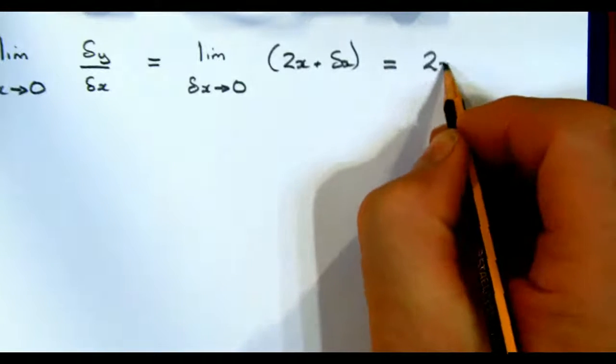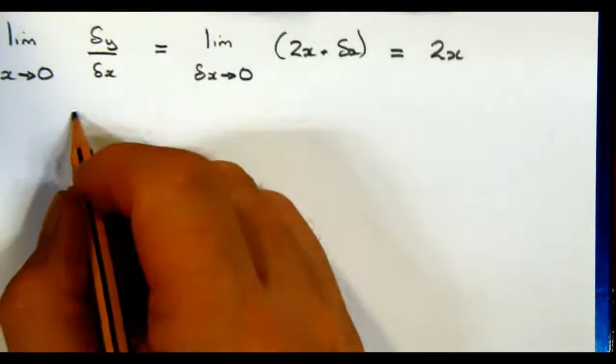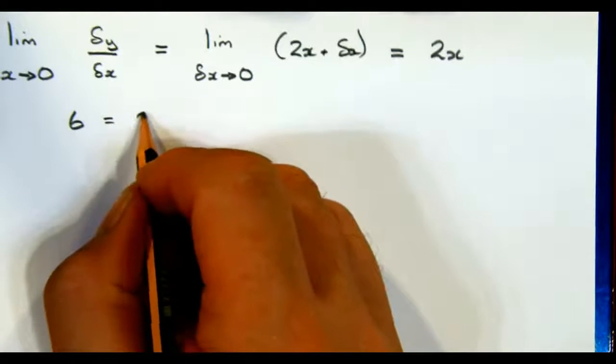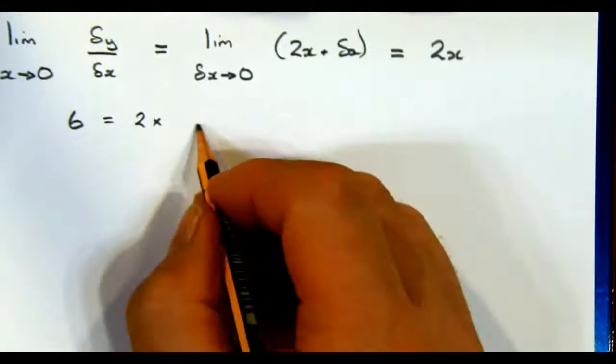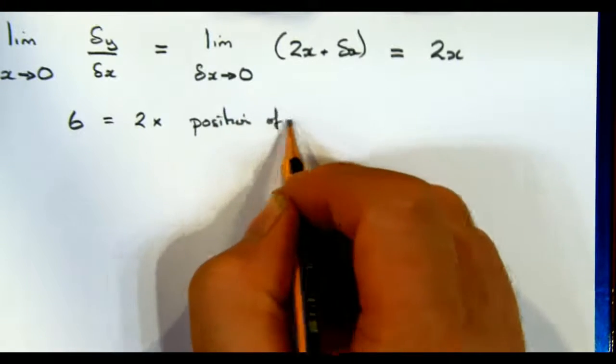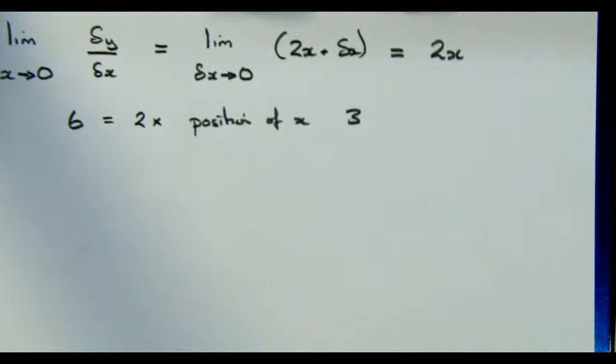And that's going to tend to 2x. This is almost the same as our previous example, because we said there that 6 was 2 times the position of x, which in that case was 3.